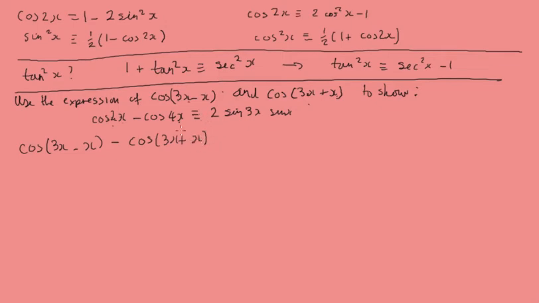And so we can then use the identities that we already know to give us cos 3x cos x plus sine 3x sine x, minus cos 3x cos x minus sine 3x sine x.